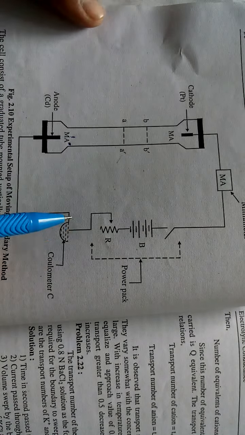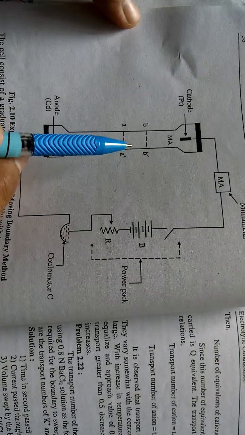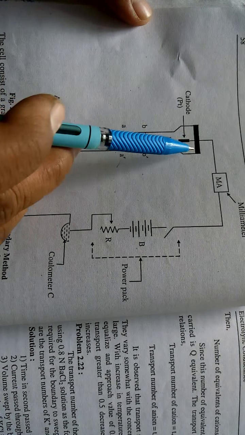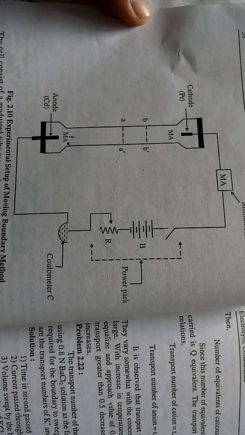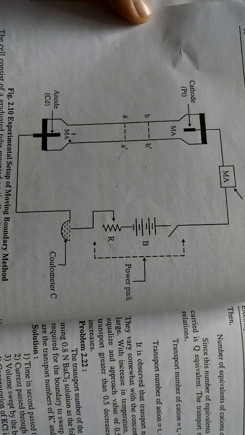Now in the upper end of this tube, a platinum wire is immersed. That platinum wire is treated as the cathode.